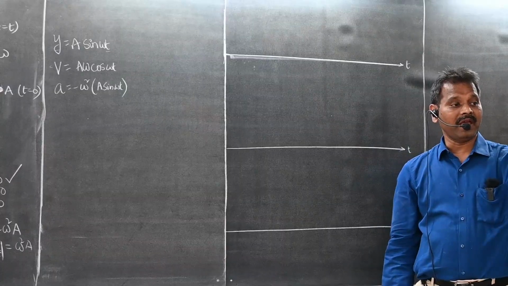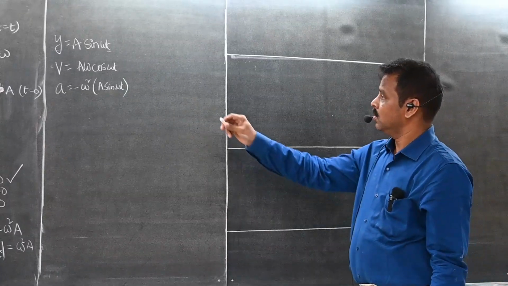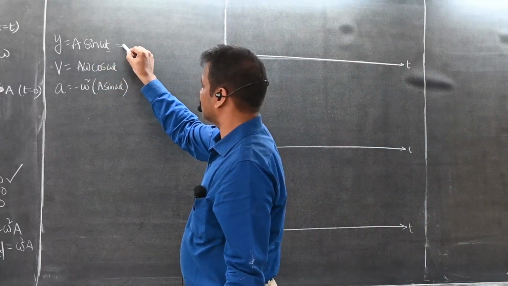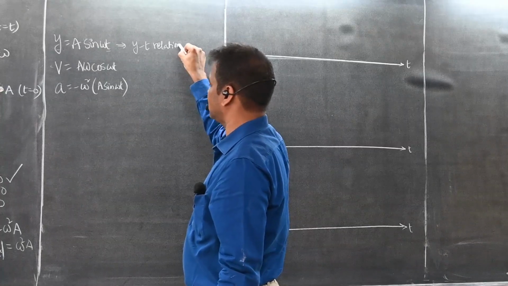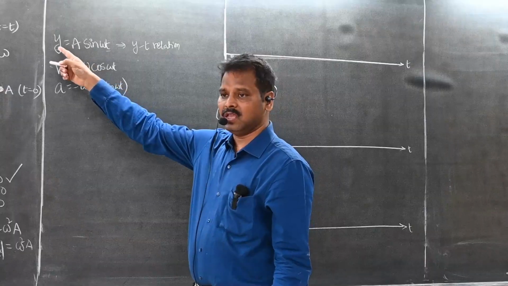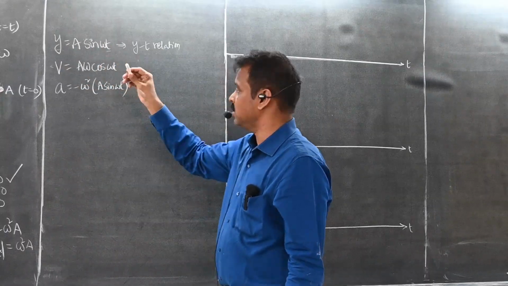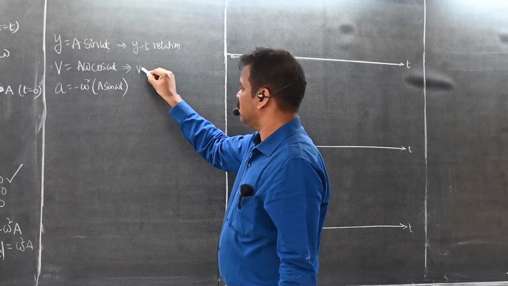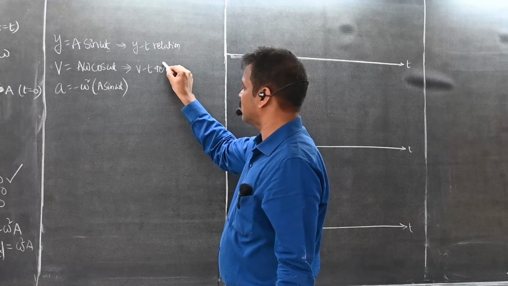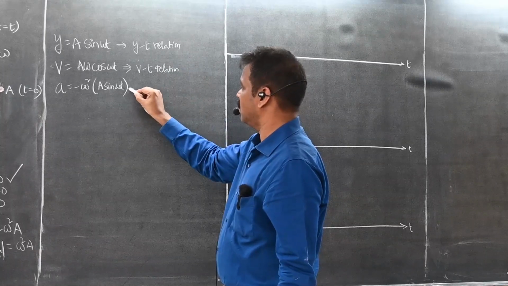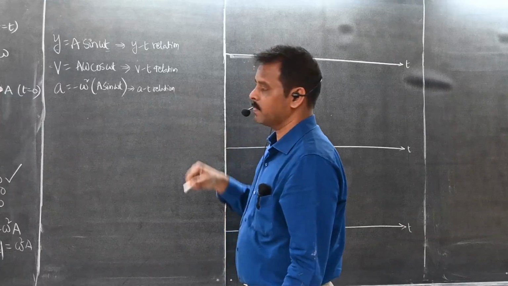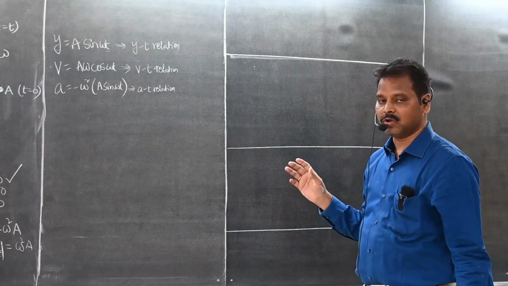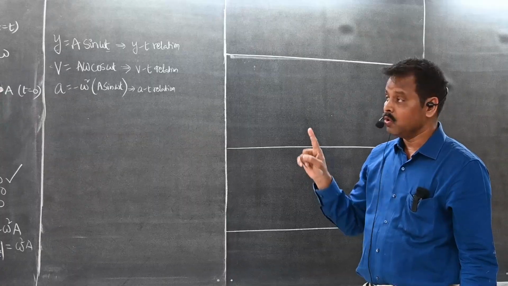So I am drawing three diagrams. First one, the y-t graph, using this equation. Second one, the v-t relation. Third one, the a-t relation.